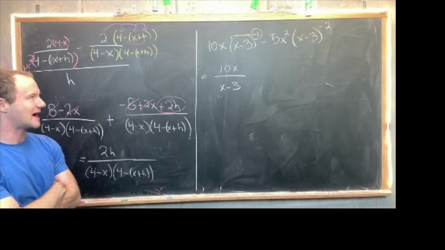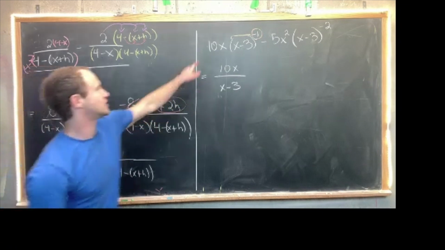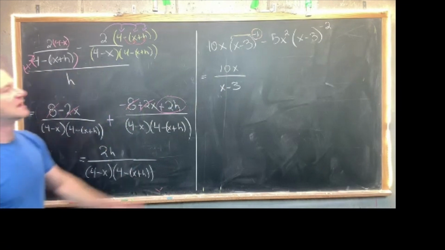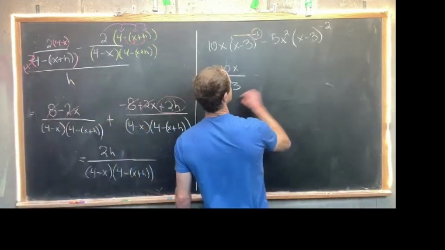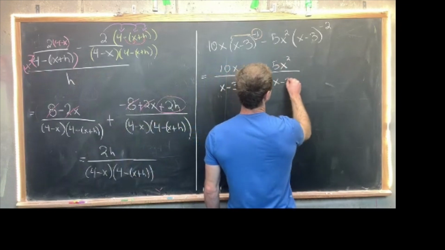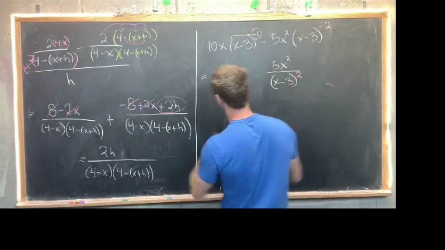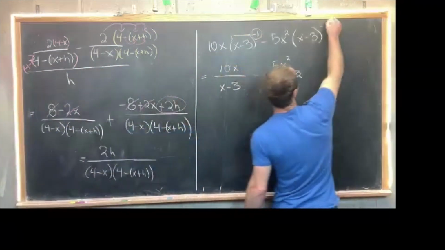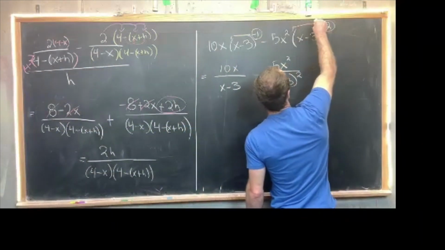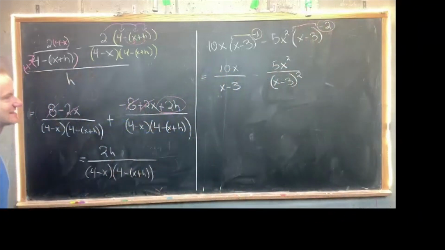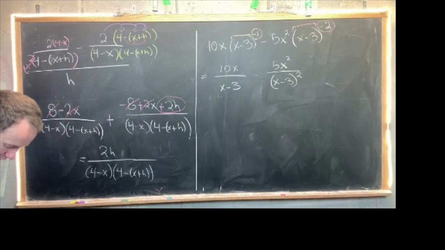The minus 1 is not touching this 10x. That's why it stayed in the numerator. Then the same kind of thing goes over here. So this is going to be 5x squared over x minus 3 squared. And that's because this minus 2 is only the exponent for the x minus 3. So that sends it downstairs, but since it's a minus 2, it's squared.